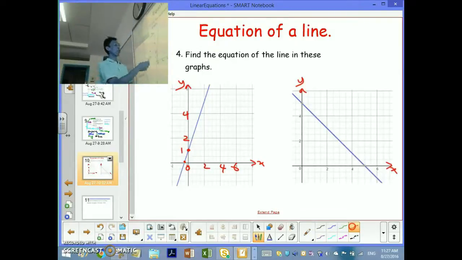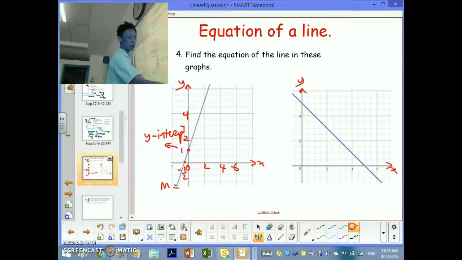Now, what is the y-intercept? The y-intercept here is very simple. This is the y-intercept, which is equal to 1. Now, what's the gradient? In this case, we can count. The rise here is actually 1 unit, and the run is only half a unit.